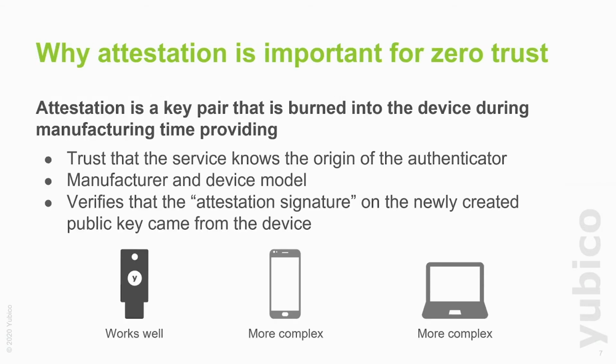Attestation is a key pair that is burned into the device during manufacturing time. So the value of this from a zero trust perspective is a high confidence that the device being used is a device that you allow, or a device that you can get information about to validate the manufacturer. How this works can differ in very different ways.